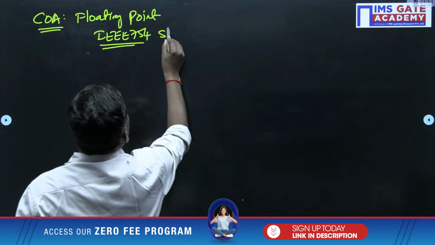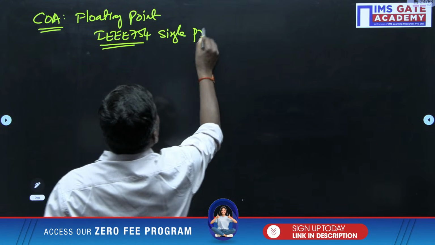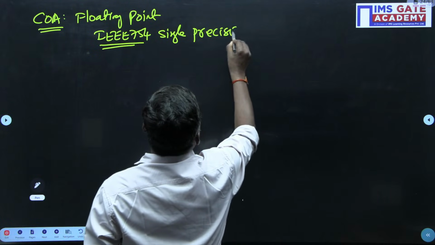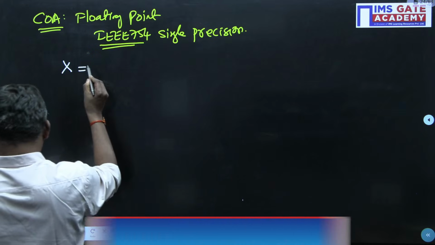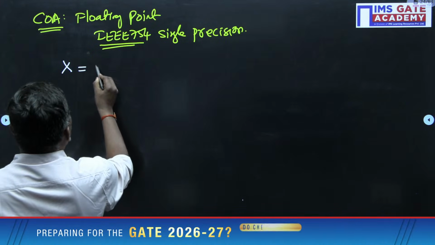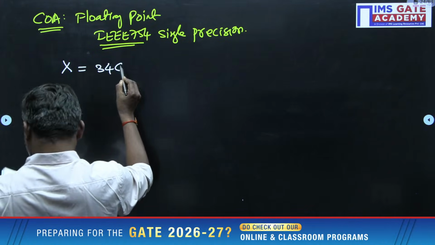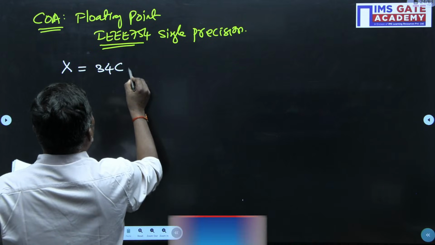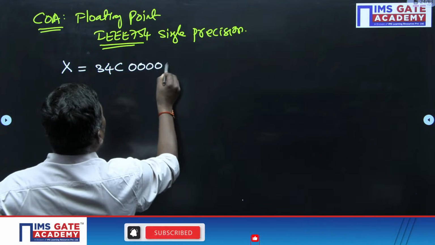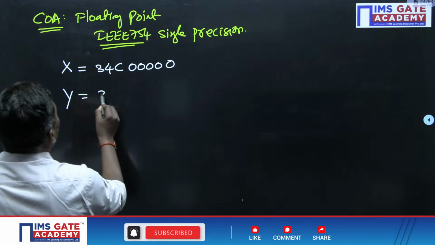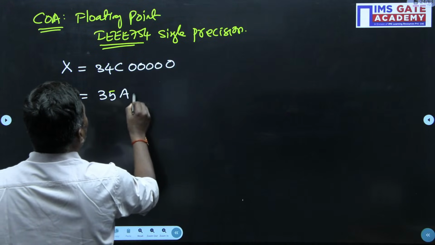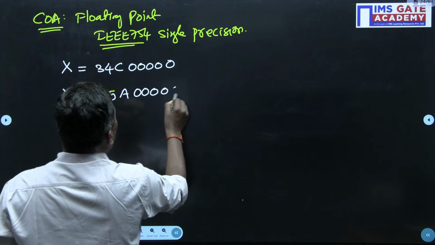The X value is given as 34C followed by 5 zeros. The Y value is given as 35A followed by 5 zeros.